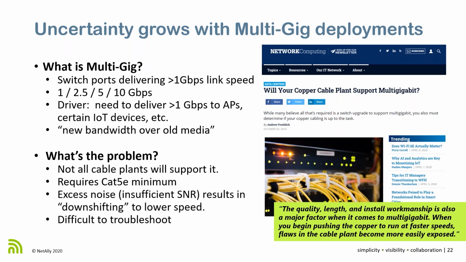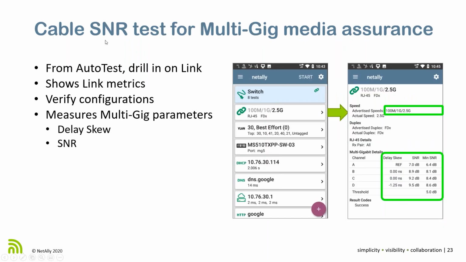So how can you troubleshoot this? Well, that's why we've added this capability to do a signal to noise ratio test on the link to be able to tell what that factor is. So from our auto test, doing a wired link test where we normally show the link speed, the advertised speed, the actual speed that we linked at, and the duplex, now we're also showing both the delay skew for each channel in multi-gig and the signal to noise ratio as measured.